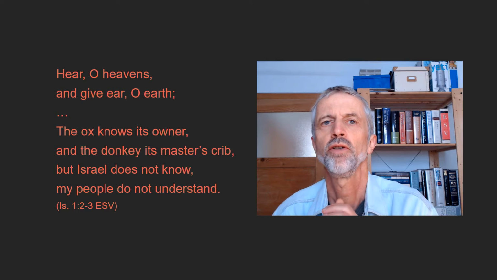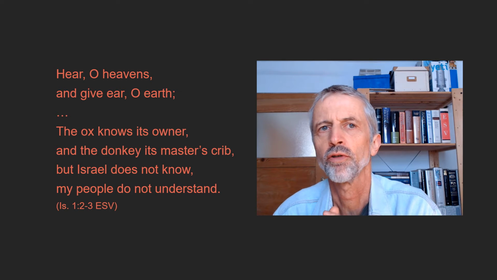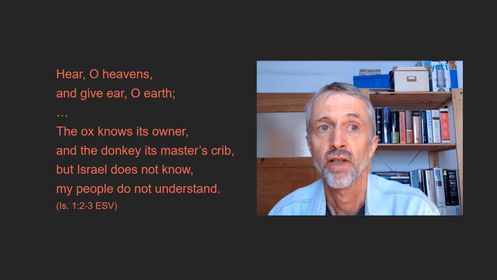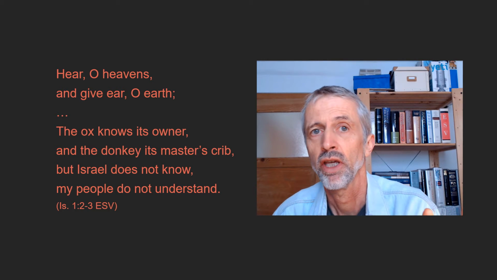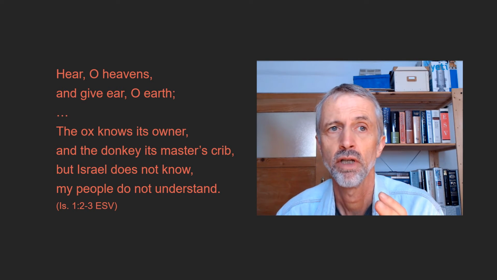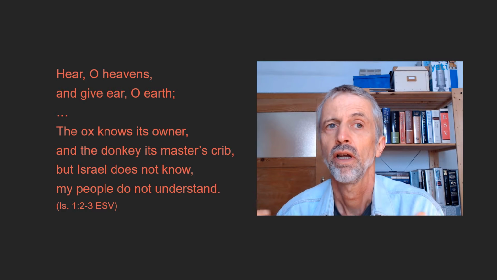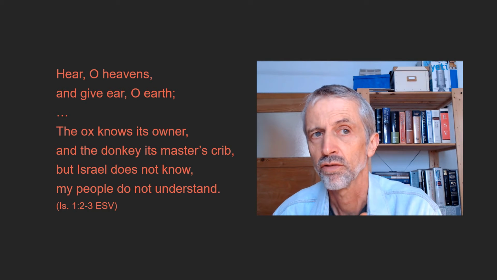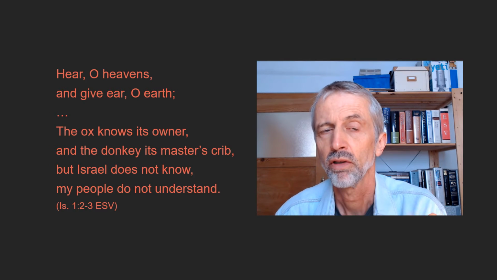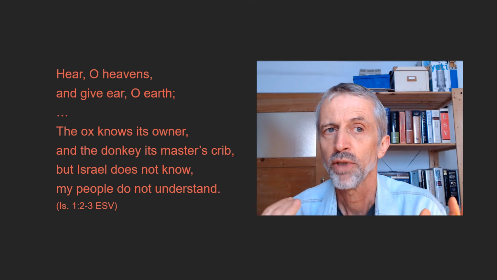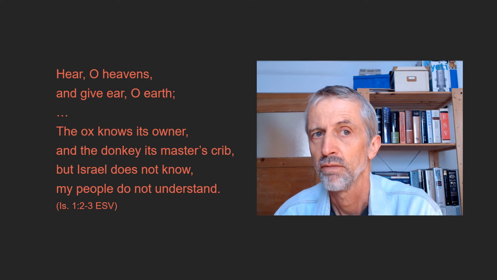It has long been observed that Hebrew poetry tends to repeat in a second line what was stated in the line before. Hear, O heavens, and give ear, O earth. The ox knows its owner, and the donkey its master's crib. But Israel does not know, my people do not understand.